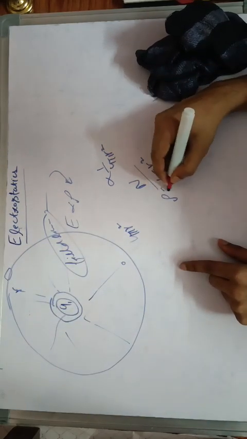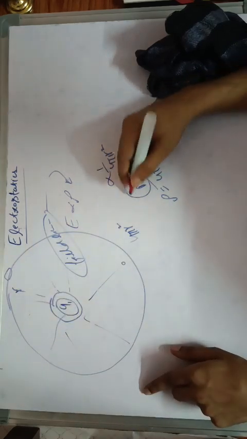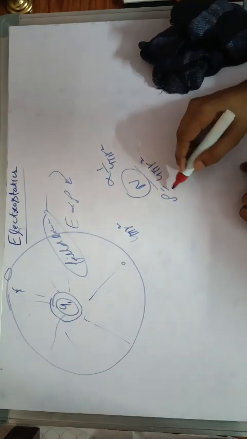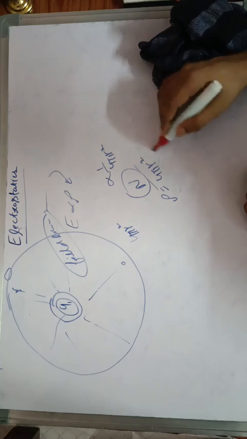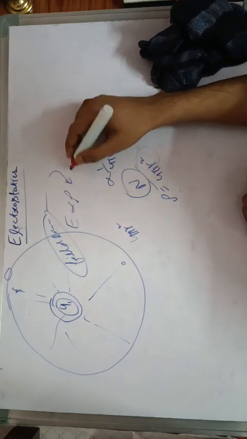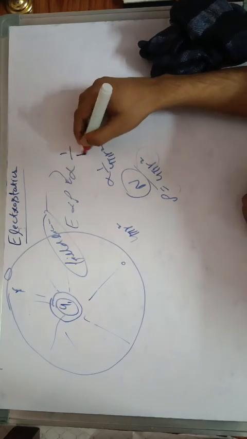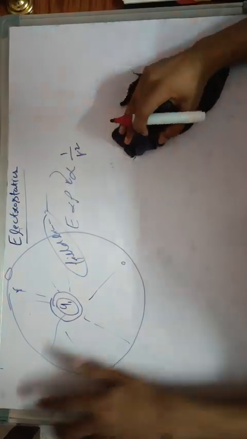Density is simply number of field lines per area, so density is inversely proportional to r square. Therefore the electric field is inversely proportional to r square. This can be one logic.